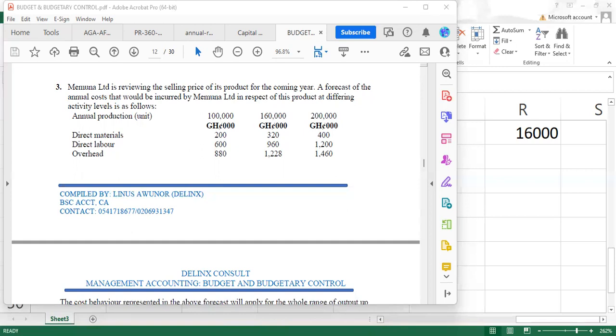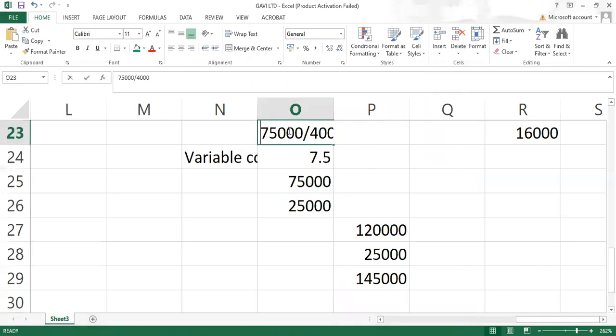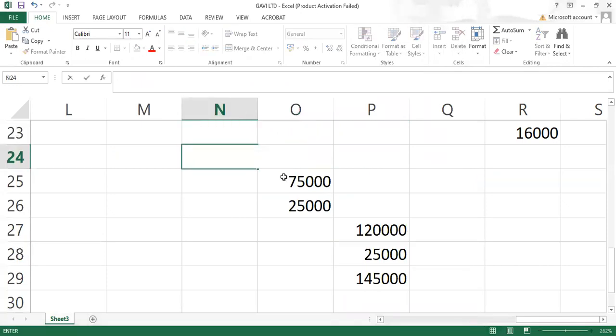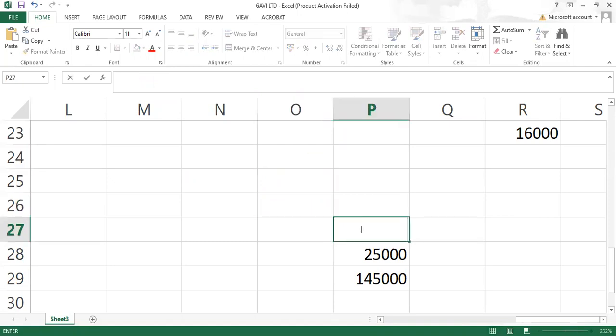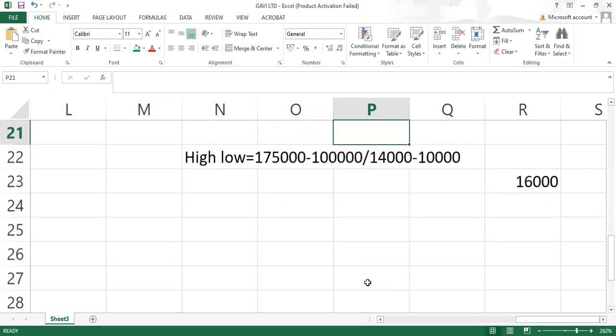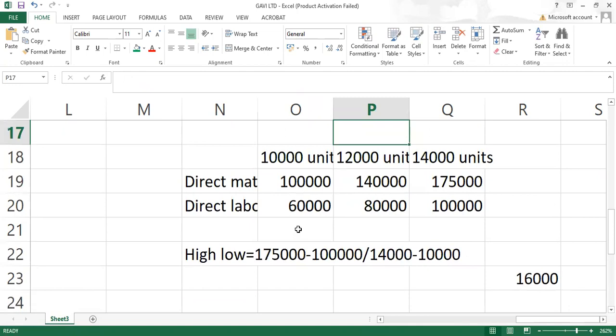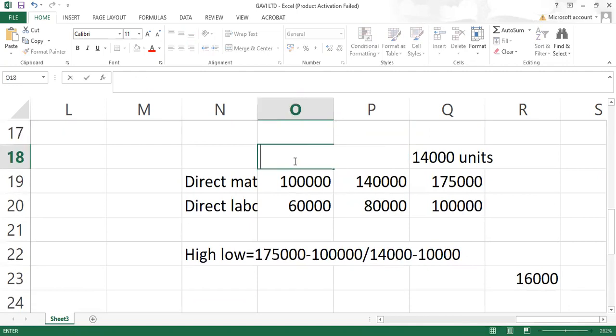Maimuna Limited is reviewing the selling price of its products for the coming year. A forecast of the annual cost that would be incurred by Maimuna Limited in respect of this product at differing activity levels is as follows. Annual production units: 100, 160,000, 200. Direct material: 200, 320, 400. Direct labor: 600, 960, 1,200.